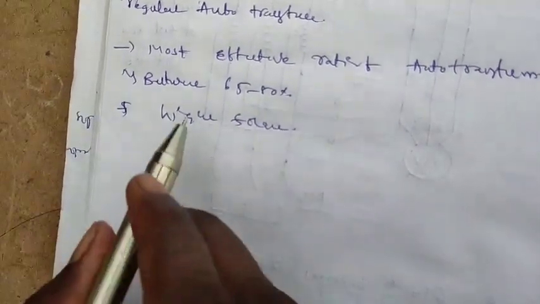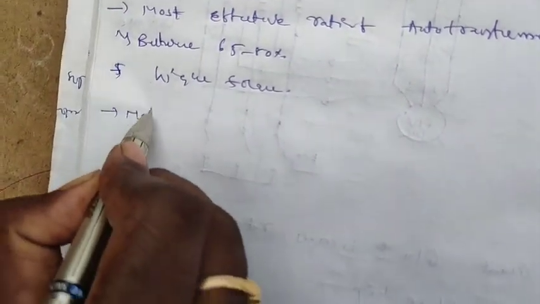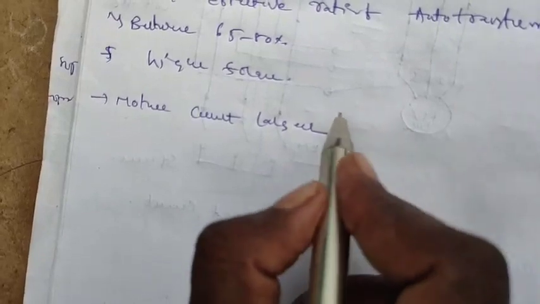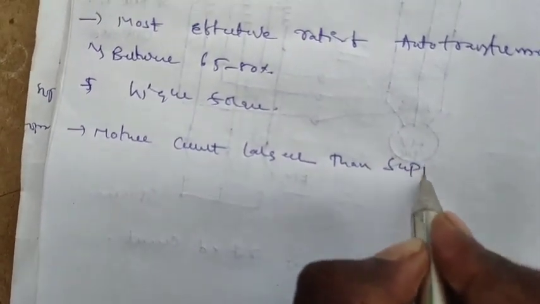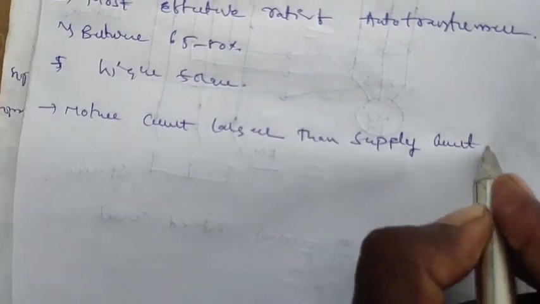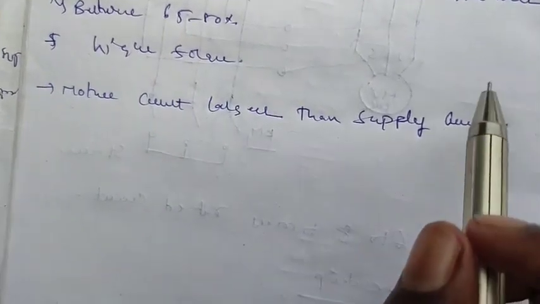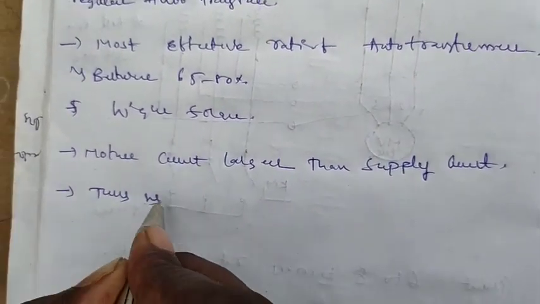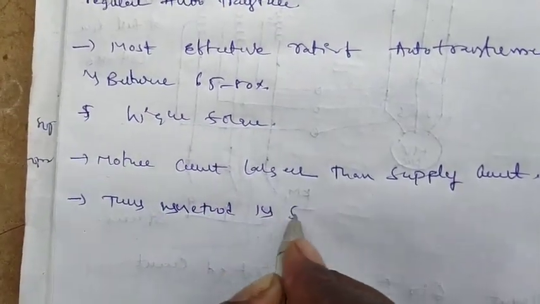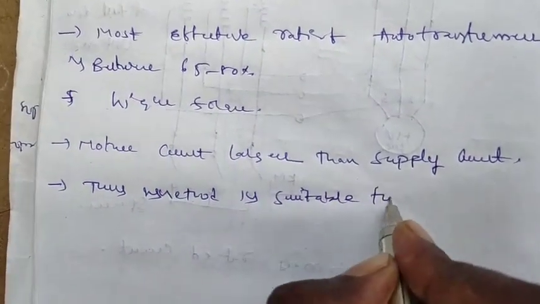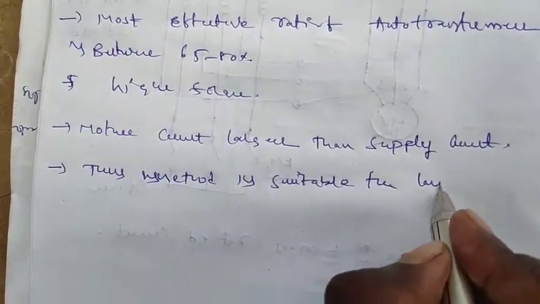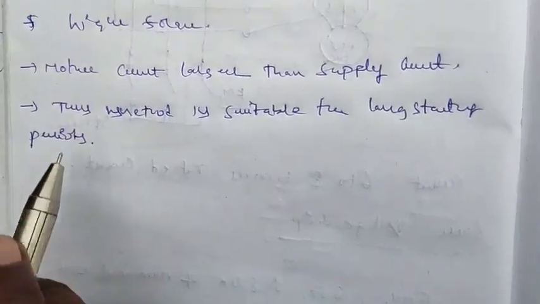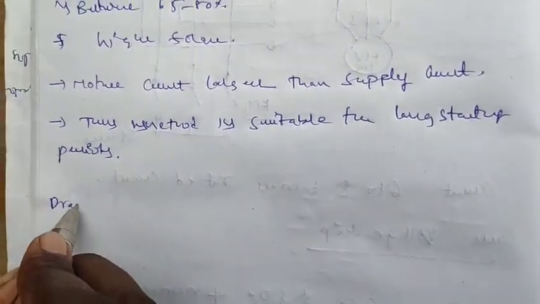Motor current is larger than supply current. This method is suitable for large starting periods, that is, long starting periods.